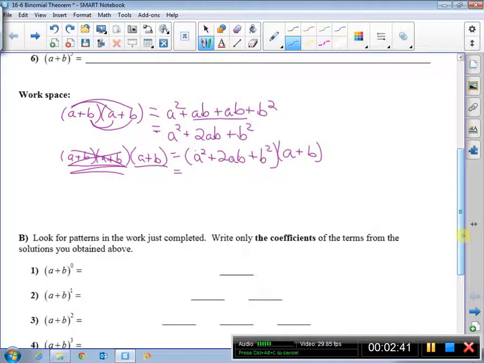So a squared times a, a squared times b, okay, 2ab times a gives me 2a squared b, and 2ab times b gives me 2ab squared, and then b squared times a. Just going to put my a's first, and b squared times b.